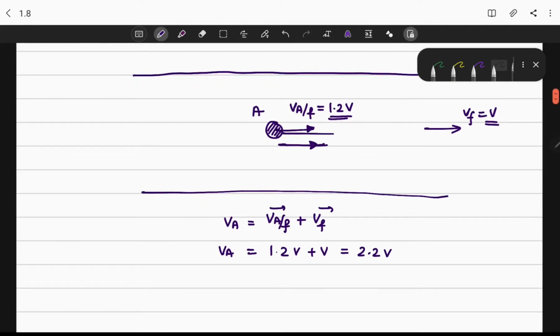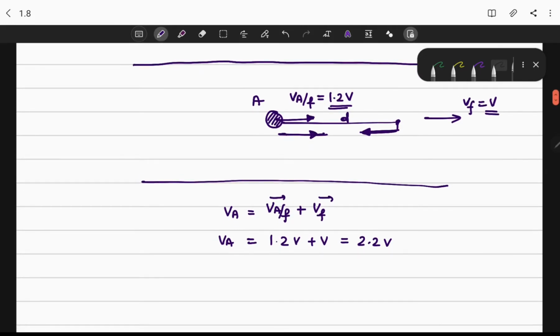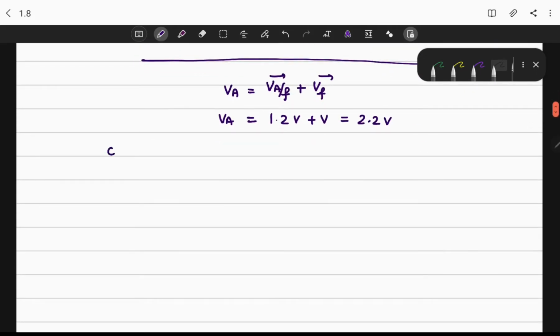Now A has reached point D, and boat B has also reached point D, and then A will try to move in the opposite direction of the flow. While moving in the opposite direction, let us consider another case.